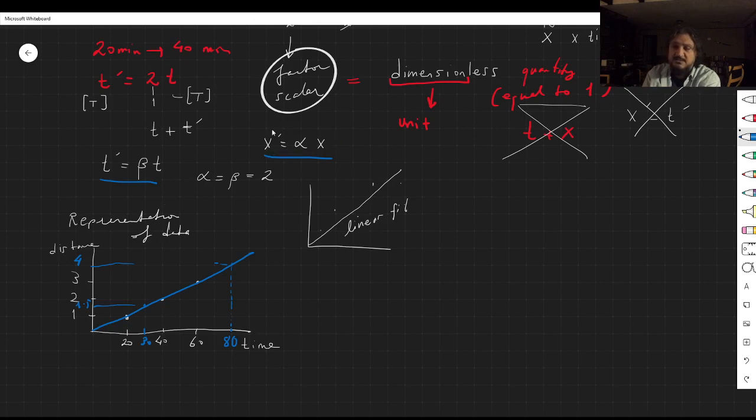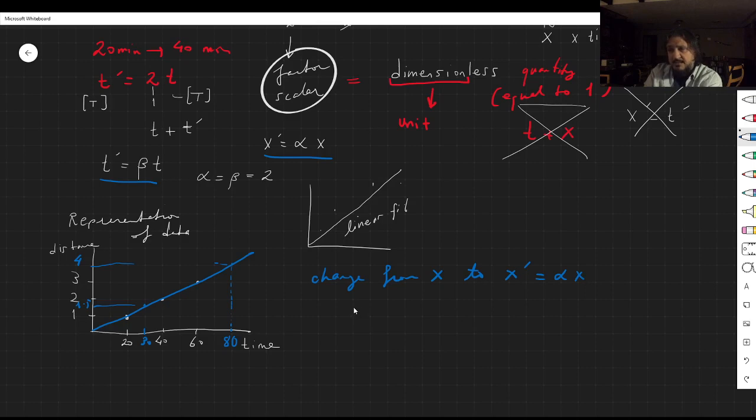Can I write the x prime not in the form of a multiplication, but addition? I still want to represent a change from x to x prime, which is alpha x, but I want to write it in a different form.